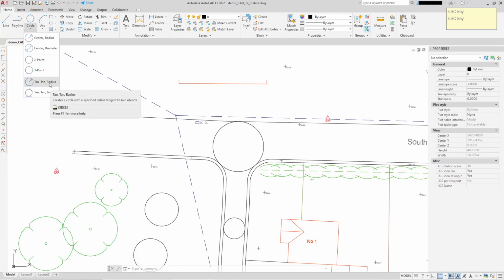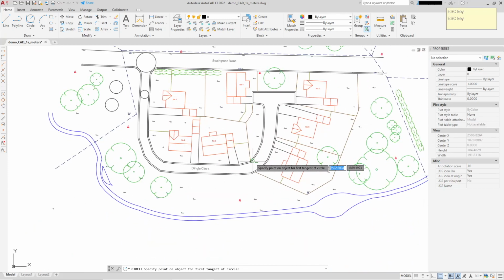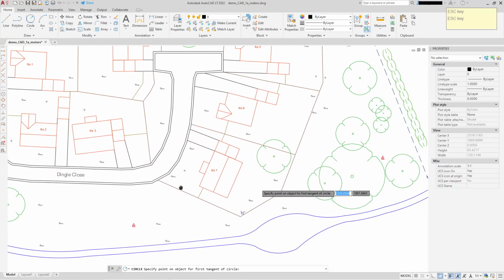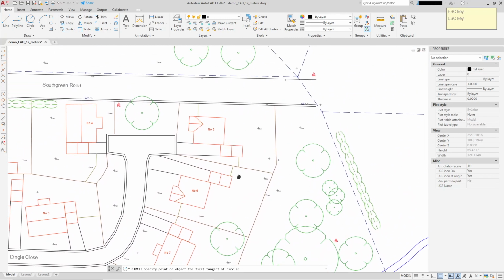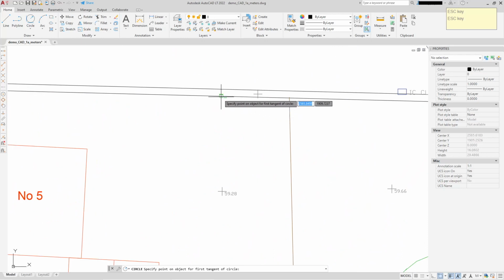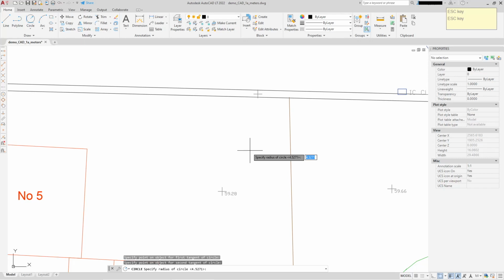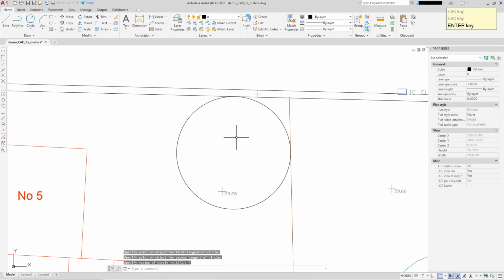The tan radius wants sort of 2 points or 2 edges and a radius to be entered. So you'd pick, say, that line, and enter a radius, and it'll draw it so it just touches these 2 boundaries, nice and snug.